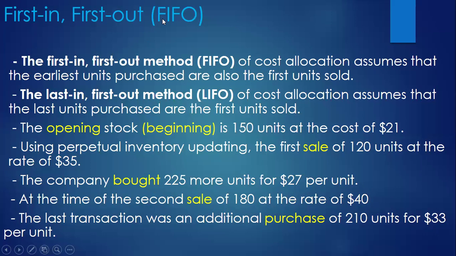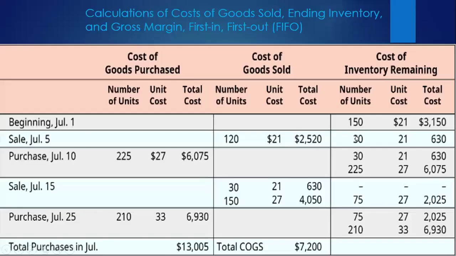We're doing FIFO, so let's sell from the first stock we received. The first stock we had is those 30 and then the 225. To sell 180, I can't sell 180 from the old stock, since the remaining is 30. So I have to sell the 30 first, then take 150, the balance of 180, from the new stock.